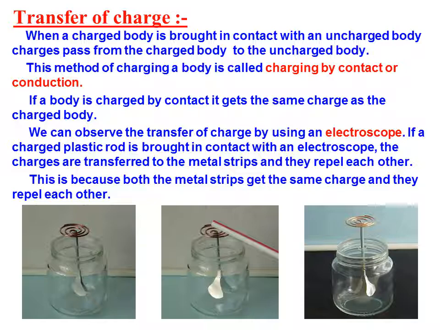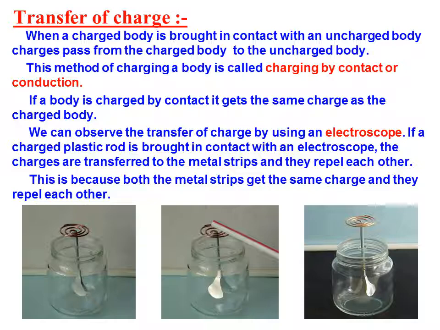So this method of charging a body is called charging by contact or conduction. I have given you the example of a magnet. When we keep the iron in contact, it acts as a magnet. It acts as a temporary magnet, not a permanent magnet, because after a certain time it also loses its attracting power.